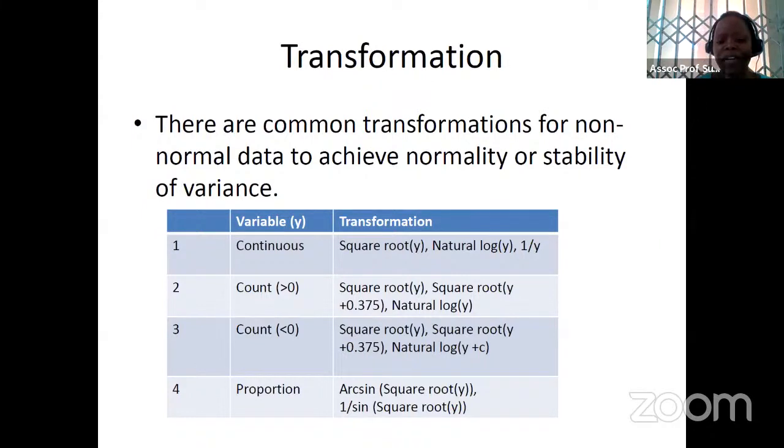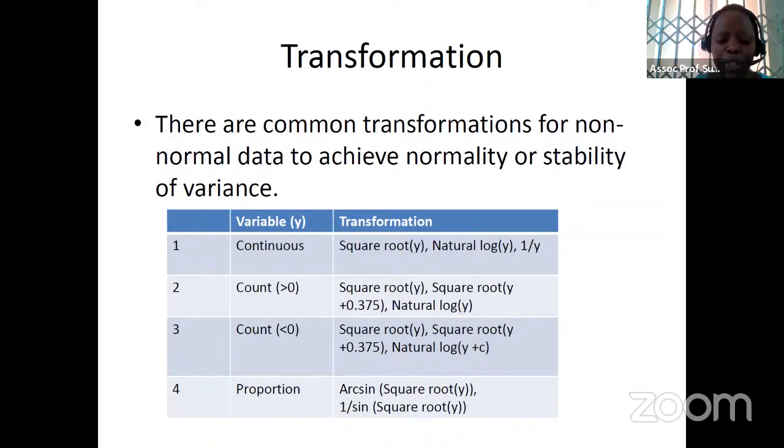And in case you have count data, for example, number of birds, number of leaves, number of trees, they don't follow a normal distribution. So you can use the square root of Y to transform the data or the natural logarithm of Y. And if you have count data including 0, then you use the square root of Y plus a constant.